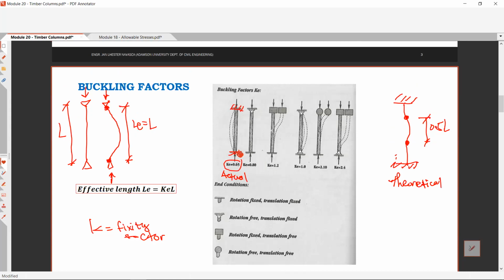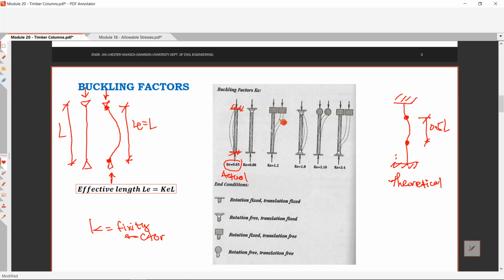Kapag this one is fix, 0.65 yung actual K. This one naman is fix pin. Ang actual niyan is 0.8 whereas your theoretical is 0.7. Okay, try to check your theory of buckling module, I think module 12 yata yun.